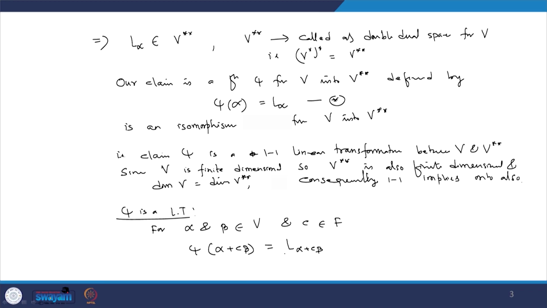Claim: L of alpha plus c beta is equal to L alpha plus c times L beta. For f belongs to V star, L of alpha plus c beta applied to f equals f of alpha plus c beta, which is equal to f of alpha plus c times f of beta, which is equal to L alpha plus c times L beta, this operating on f, please.